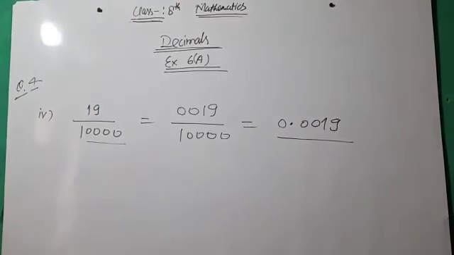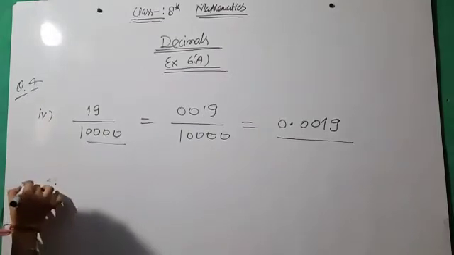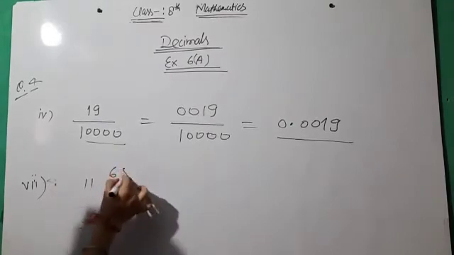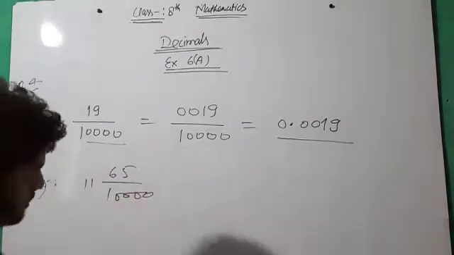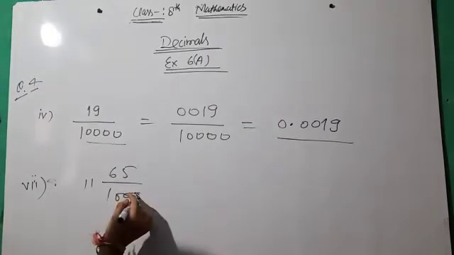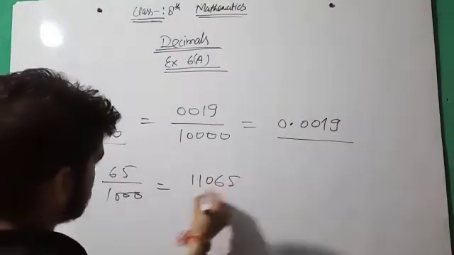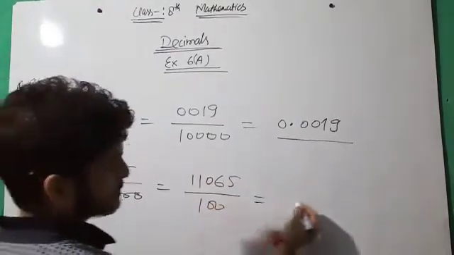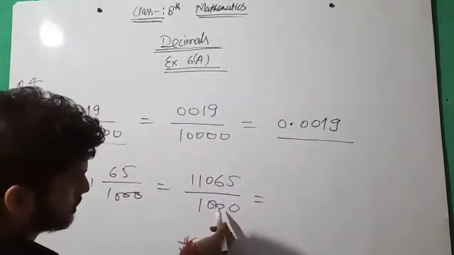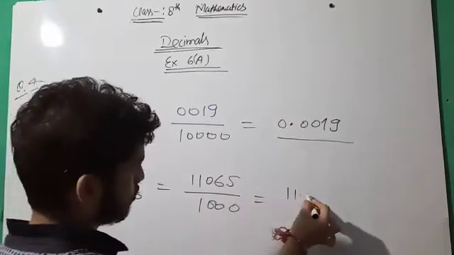Next, the last one, seventh part, is 1165 by 1000. So 1000 into 11, that is 11,065, upon 1000. Just place 3 decimal places towards the left, because we have to divide by 1000. So 1, 2 and 3. So it is 11.065.